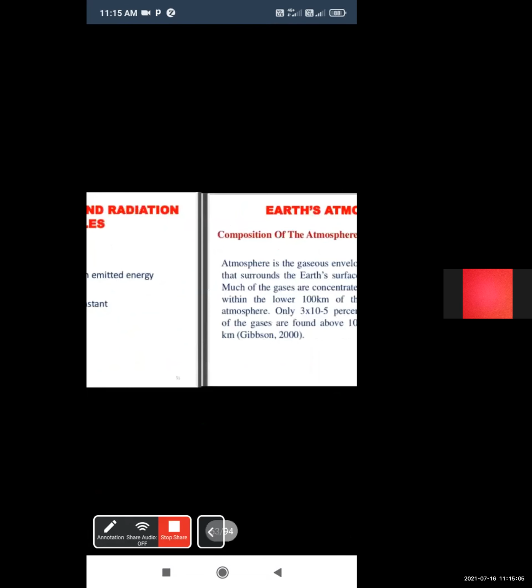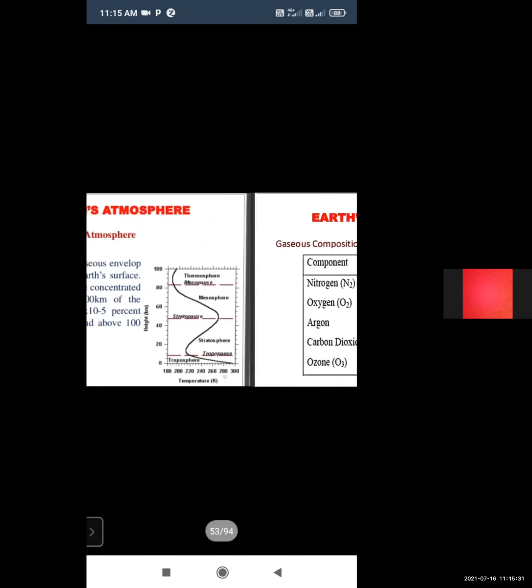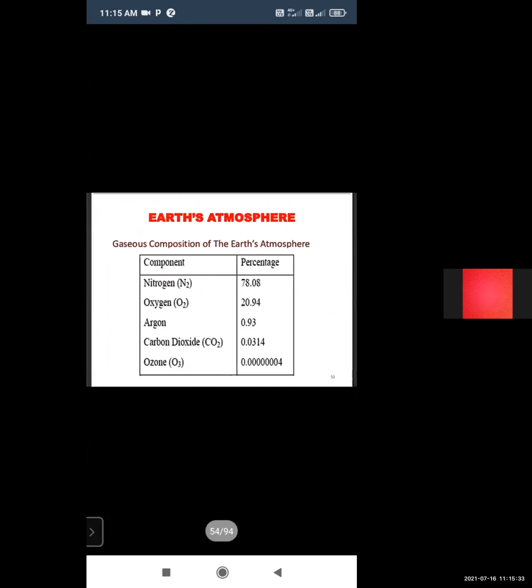Then the Earth's atmosphere and its composition. There are layers of the atmosphere: troposphere, stratosphere, mesosphere and thermosphere. The atmosphere is a gaseous envelope up to 100 kilometers; only 3 into 10 to the minus 5 percent of the gases are above 100 kilometers. What amount of gases is present in our atmosphere?